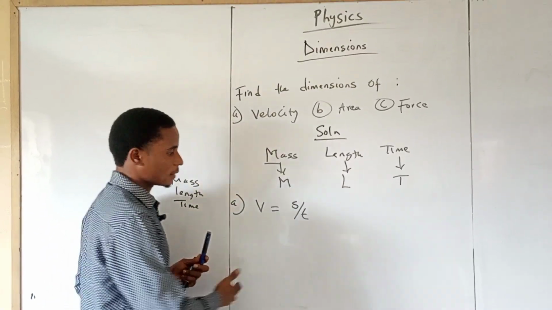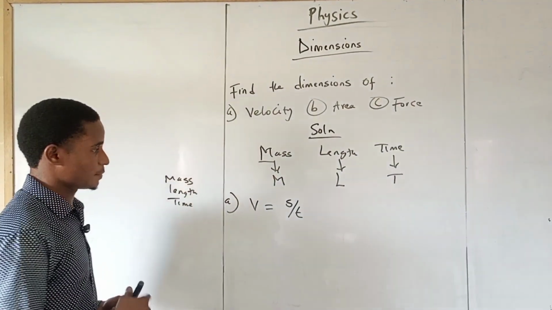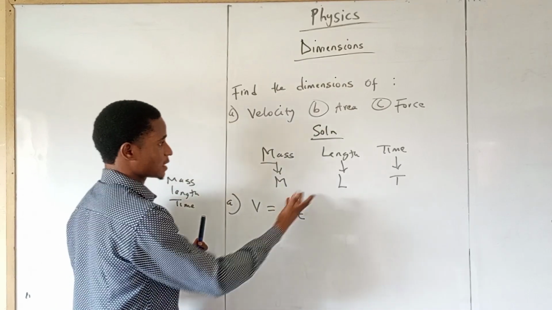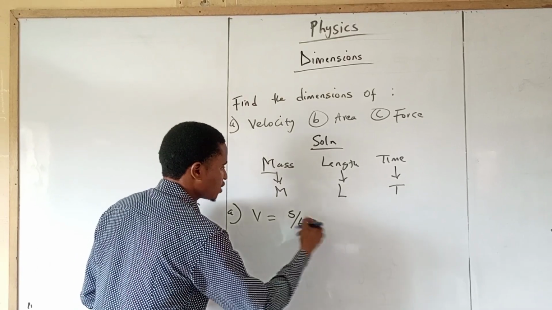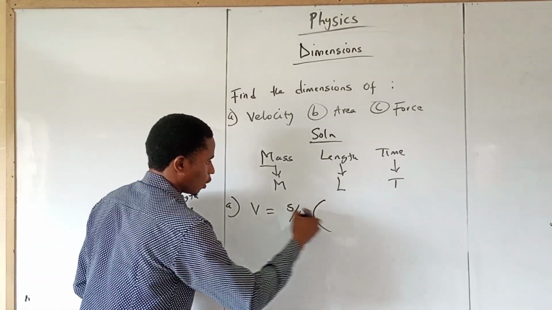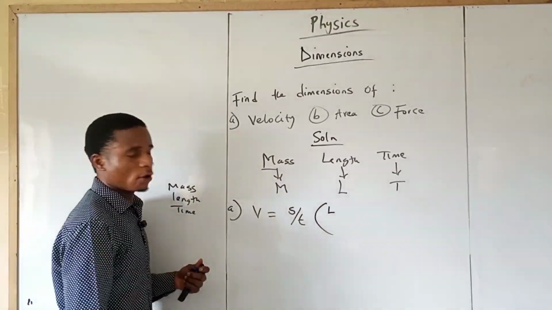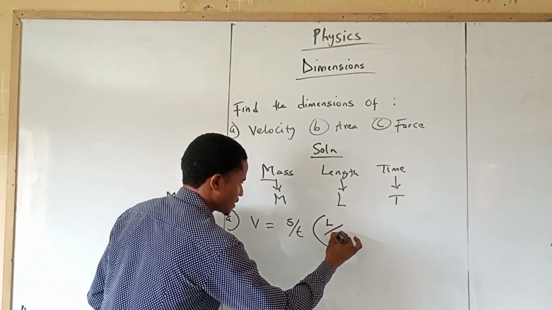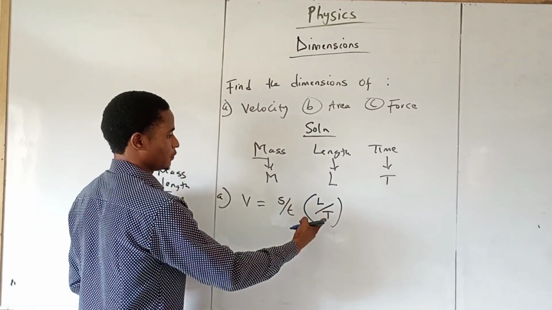A distance covered by a body from north to east, that is displacement. And that simply represents the length we have here. So the dimension of length here, or displacement, is L, and that of time remains capital letter T. So at this point, the dimension of velocity is L over T.